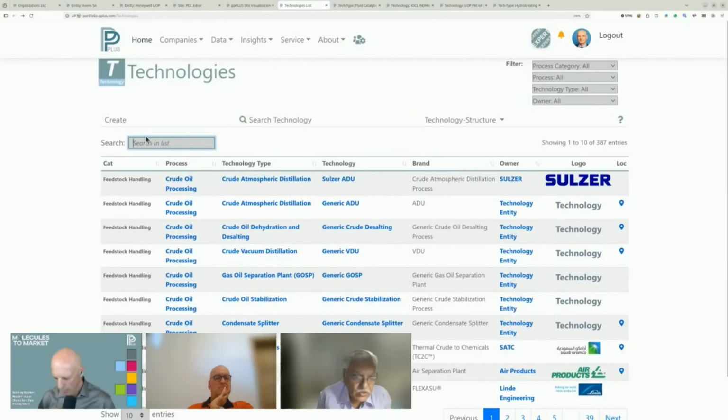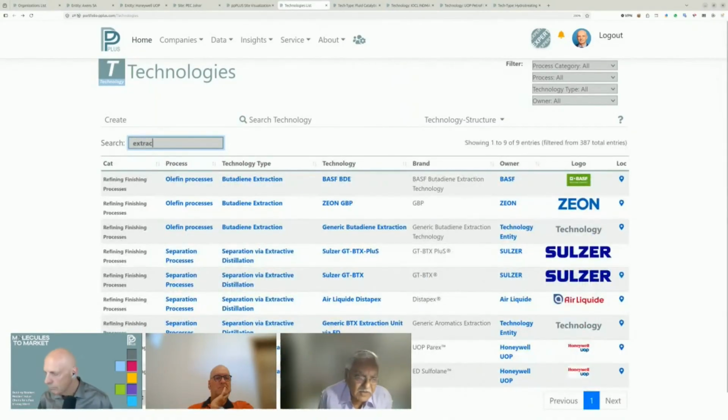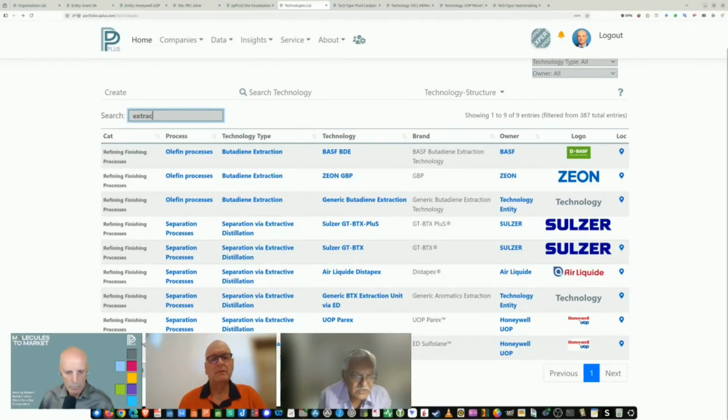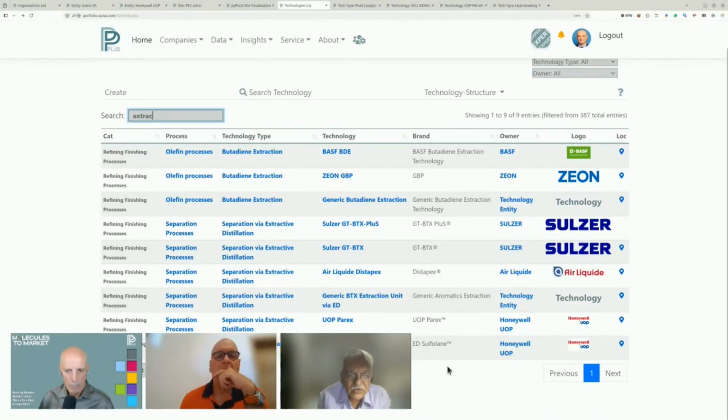If it goes to, let's say, ABB, if the choice is that one would like to do a technology selection for Petro FCC and NMAX is the route to be chosen, then I think the PRU and LPG splitter is not a problem. ABB will do that. Insofar as the extraction is concerned, they don't have a problem there. I am not aware what they will do with Prime G, because I don't think ABB has a technology for that.